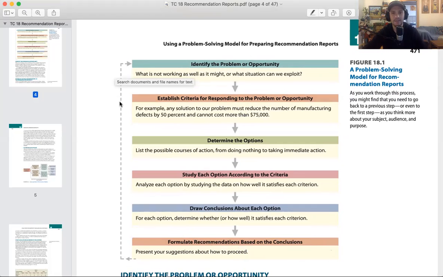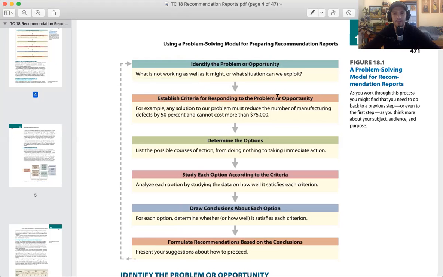Now, this can be done for a number of different problems. It can be something very practical. For example, the problem of our printer being broken. Our printer is broken, right? And so that's our problem. We've identified that that's the problem. Next is establishing criteria for responding to the problem or opportunity.